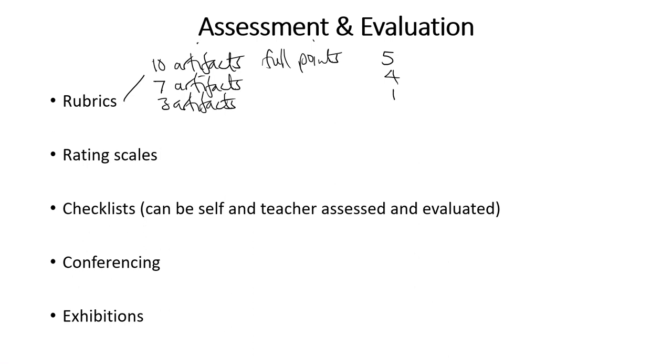You can use rating scales like Likert or Likert scale. For example, if you want to grade communication or writing ability, you can say maybe writing ability 3 out of 5.